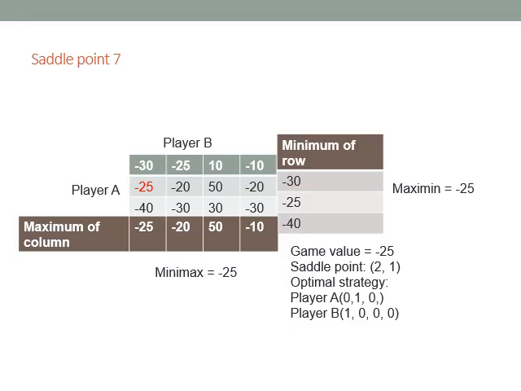For player B, he will choose strategy number 1. That's 1, 0, 0, 0, because he has 4 strategies. Player A has 3 strategies. Okay, that's all.